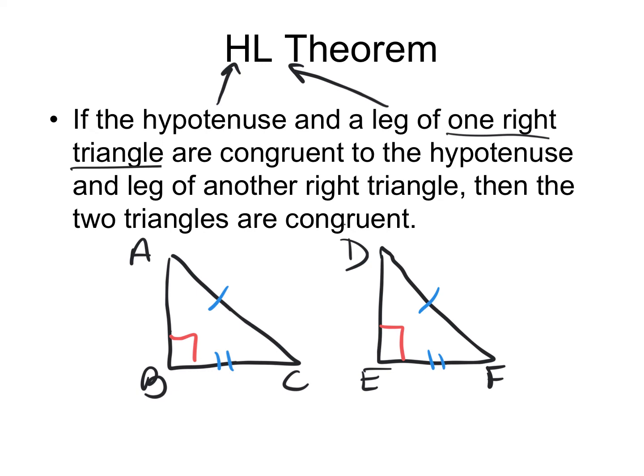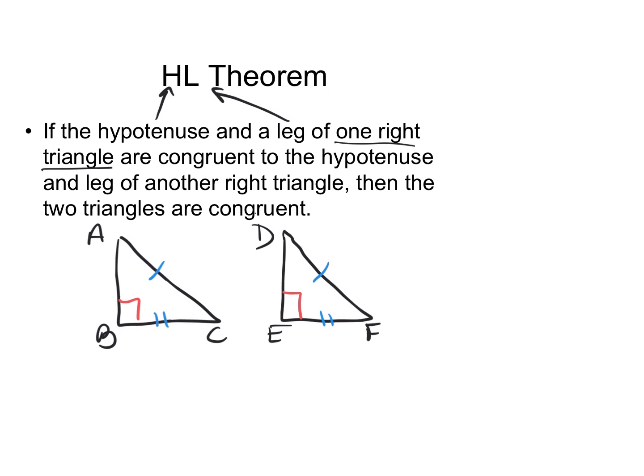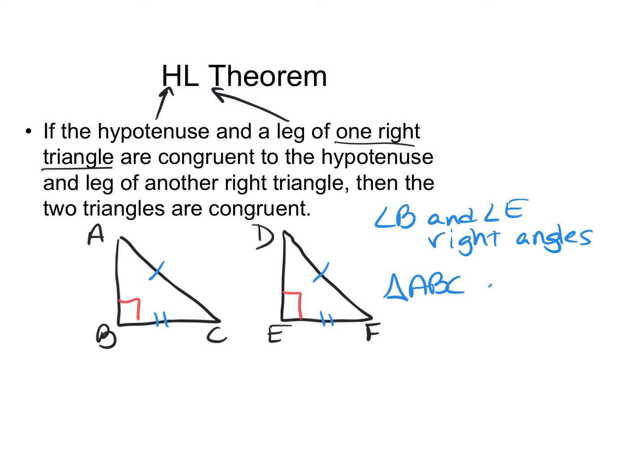So notice in this picture, we can show that we have angle B and angle E are right angles, which makes triangle ABC and triangle DEF right triangles.